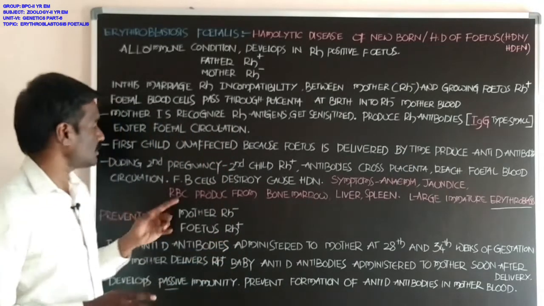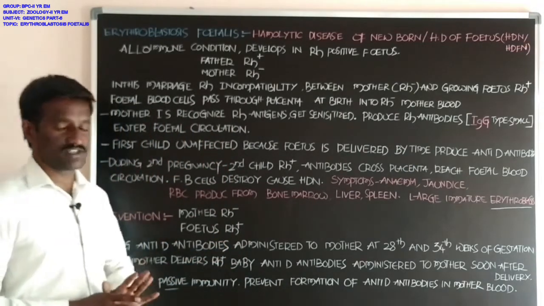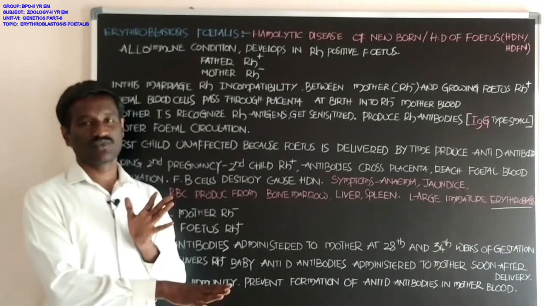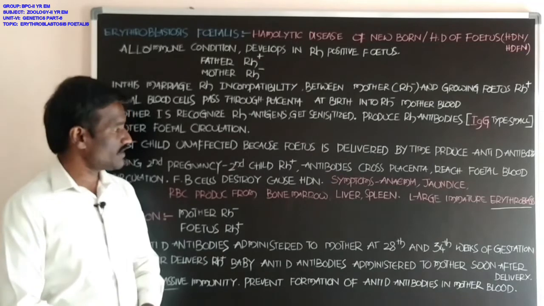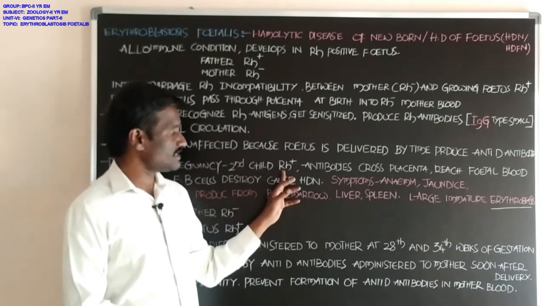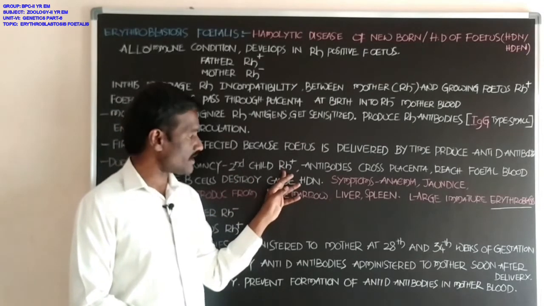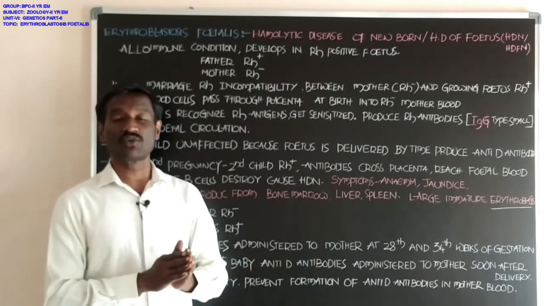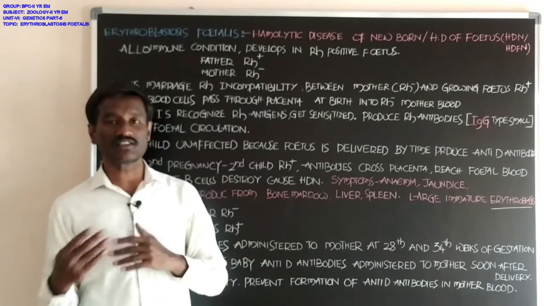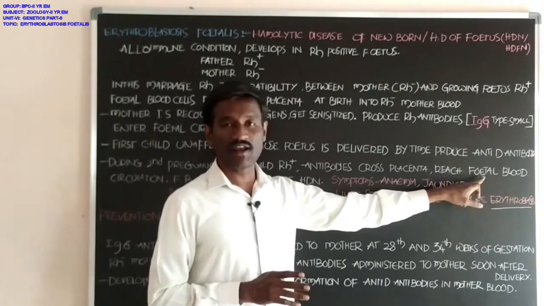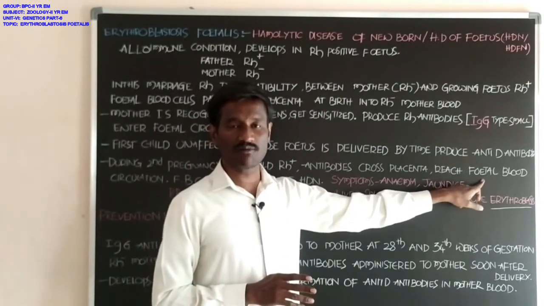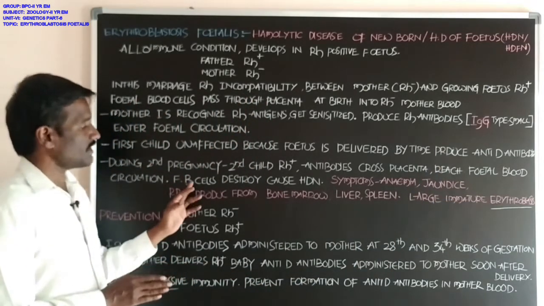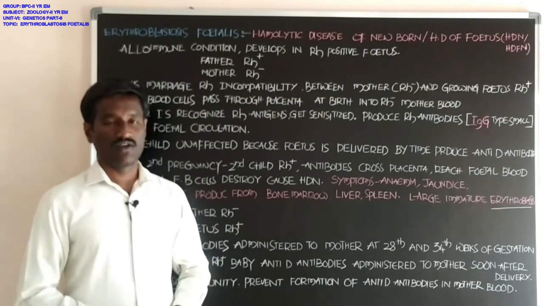Students, next, during the second pregnancy, the second child is also Rh positive, with the Rh antigen. Antibodies are produced immediately, cross the placenta and enter the fetal circulation. Students, the fetal blood cells are destroyed.